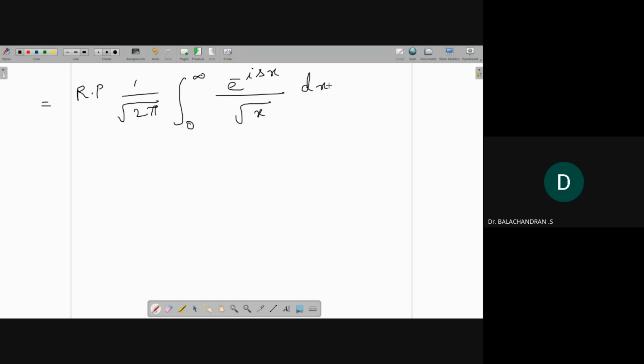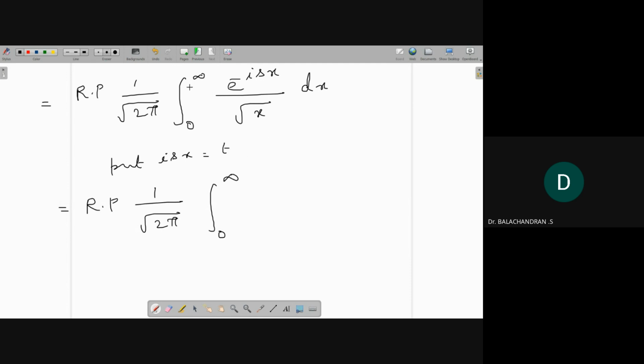Now I am going to give the substitution isx equal to t. When x is equal to 0, t equals 0. x equal to infinity means t is infinity.